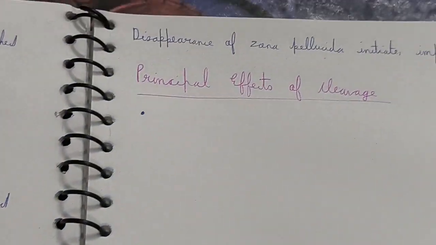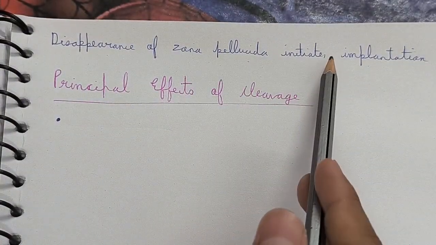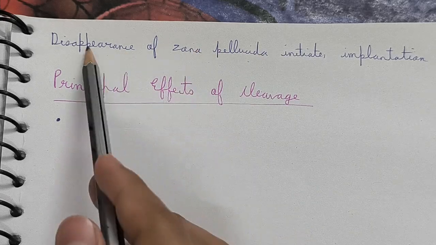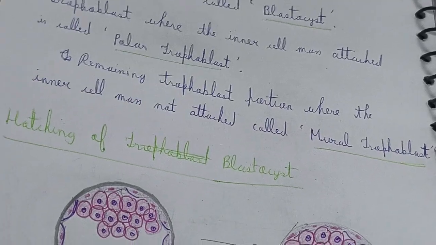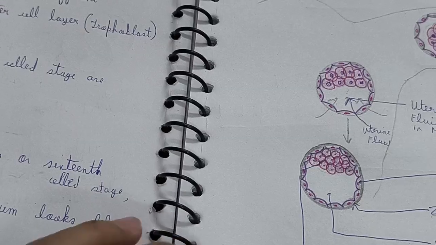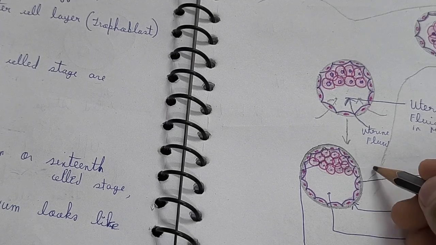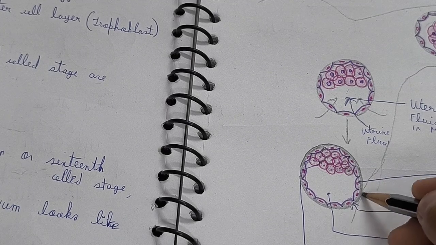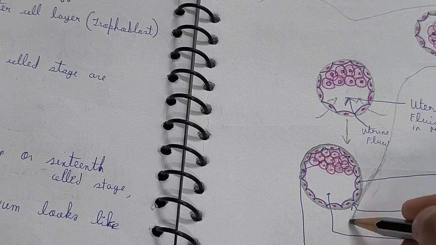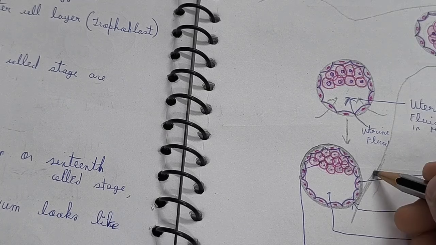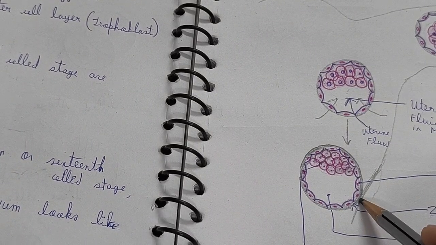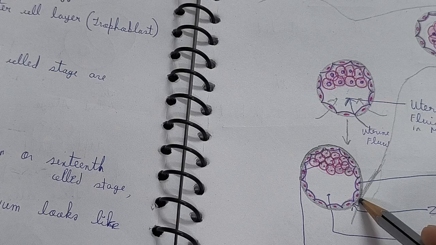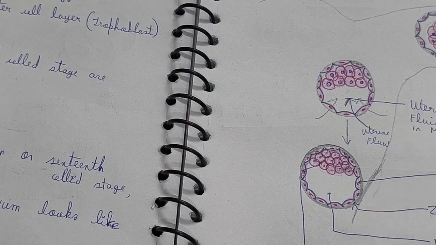This disappearance of the zona pellucida initiates implantation, and it is known as hatching of the blastocyst. Now the blastocyst is attached to the endometrium, or the wall of the uterus. This is the basic concept of implantation, but in the next part you will have to study this.